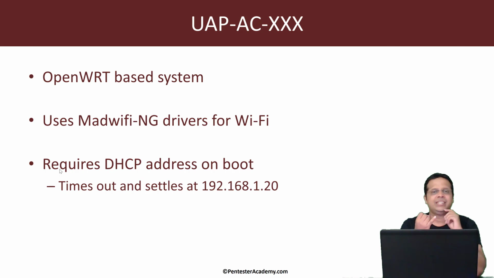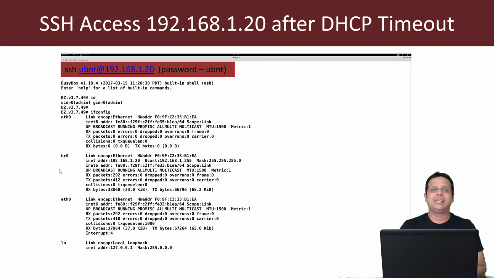Whether you are using the AC Lite, the Pro, the HD, the EDU, the IP address is the same, right? So all I've done is I'm just waiting for it to time out DHCP and settle down. And once that happens, we can SSH into it. The username for SSH is UBNT and the password is UBNT as well.